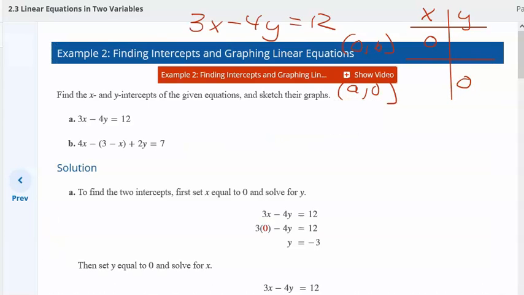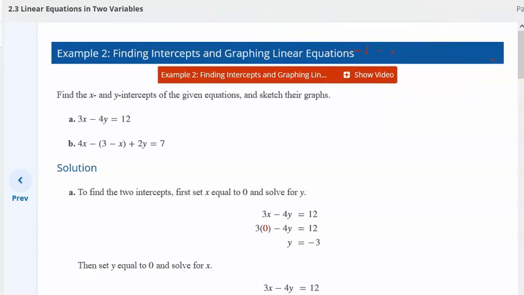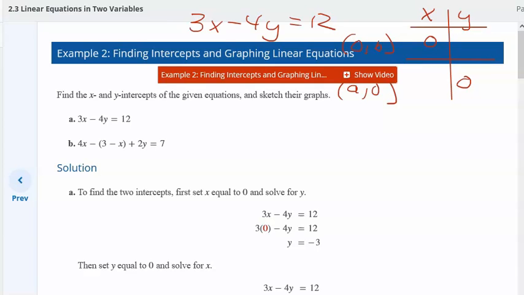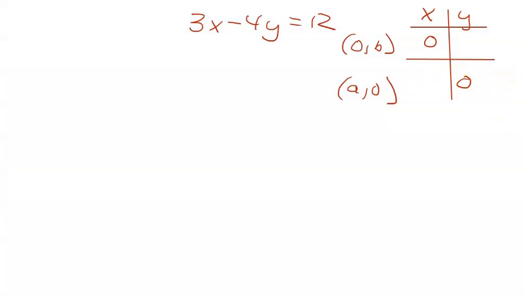And for this first example, they have an equation in standard form. Let's go to the whiteboard. Here we go. And we did some like this already. So if x is 0, this is going to be a negative 3. And if y is 0, this is going to be a 4. So in graphing this, and I should use proper lines for this, since I have a line tool.